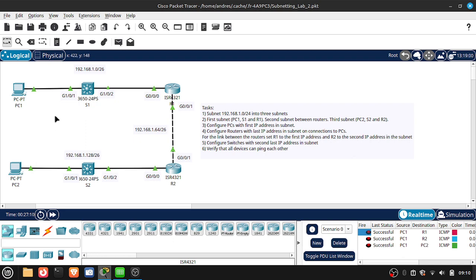So everything is successful because we don't need to use routing, because these networks are directly connected to the router. If we had a third router, we would need to do that, but we haven't. So this is correct, and we have connectivity between all the devices. Well, that's it for the video.